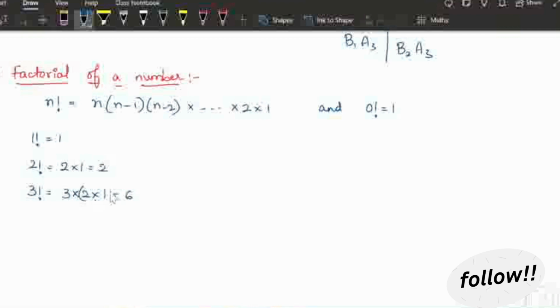So here, if you observe, 2 into 1 can be written as 2 factorial. Right? But 4 into 3 into 2 into 1, I can write 3 into 2 into 1 as 3 factorial.